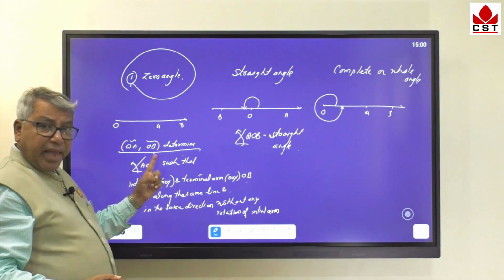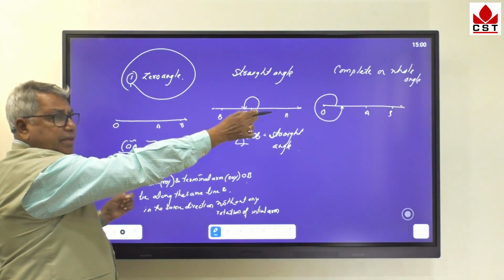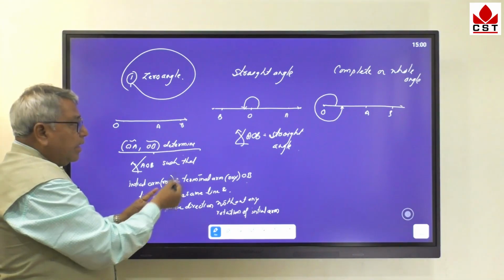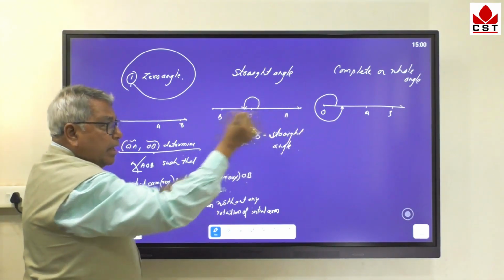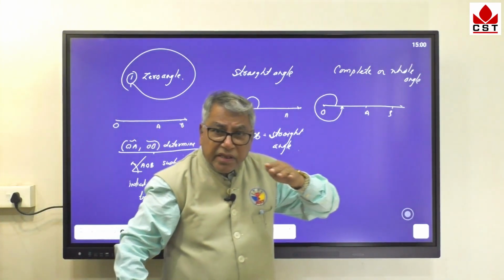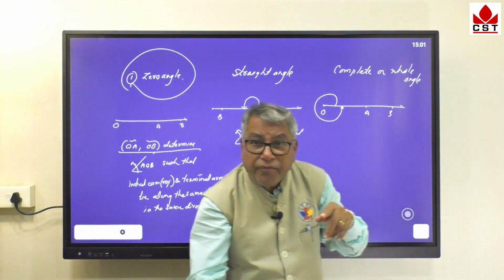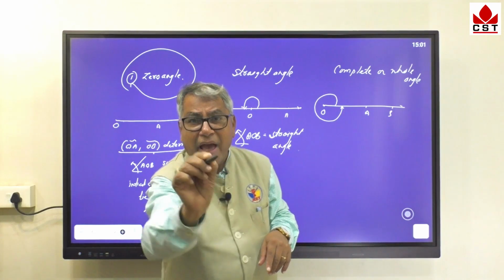Ray OA, ray OB determine directed angle AOB, such that initial arm ray OA, terminal arm ray OB lie along the same line and in the same direction after completing one rotation of ray OA about O.